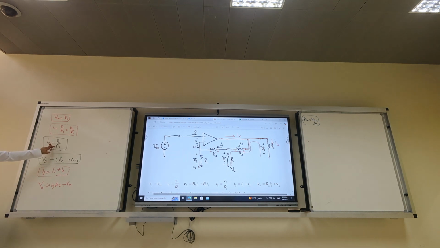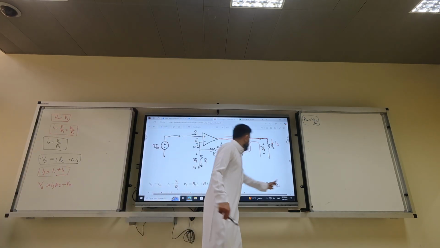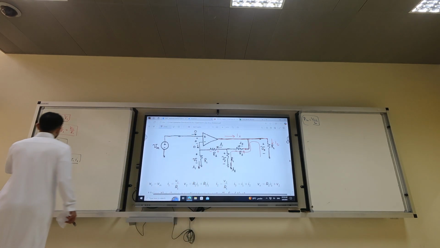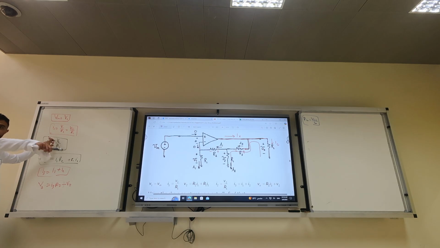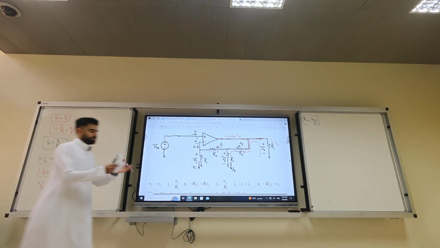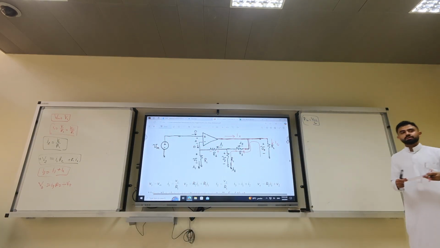V2 over R1. We will also substitute V2 with I1 times R2 plus R1 times I1. But we already had V2 in the I2 thing, so we need to put this again one more time. Okay, and I will show you how. It took me like 20 minutes in my office to write this paper.